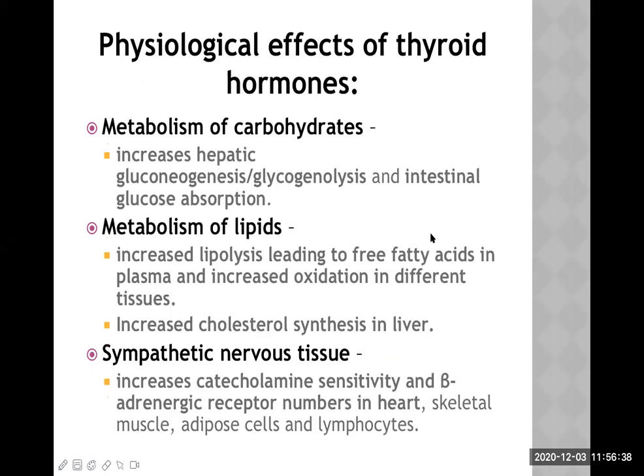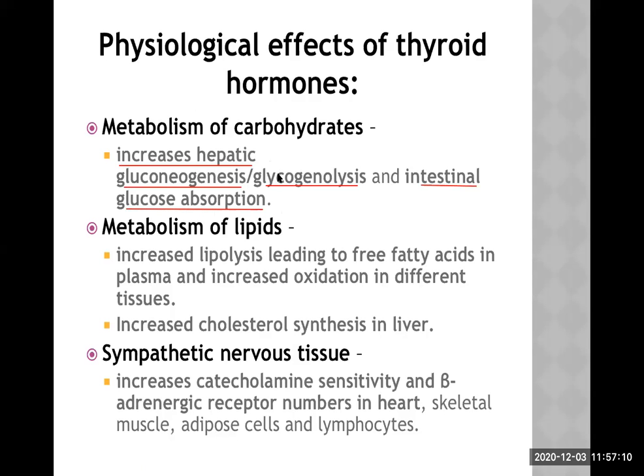Okay. Now let's continue. We're talking about the physiological effects of thyroid hormones in different body organs and tissues. Now, what is the function of thyroid hormone in relation to carbohydrate metabolism? This is also an important point to understand. Thyroid hormones increase hepatic gluconeogenesis, glycogenolysis, and intestinal glucose absorption.